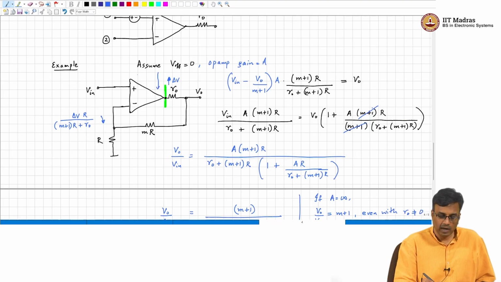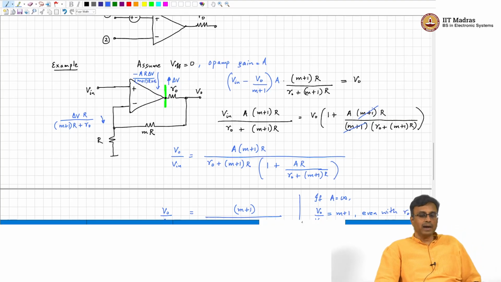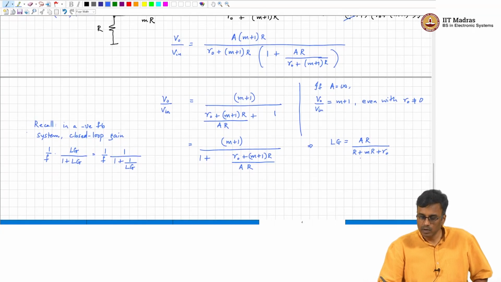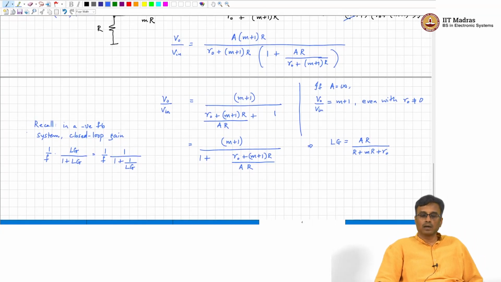So basically it's minus AR delta V divided by M plus 1 R plus R naught. So there is negative feedback, and the ratio of what you put in to what you get back is AR by M plus 1 R plus R naught. So the loop gain indeed turns out to be that. Does it make sense? All right.